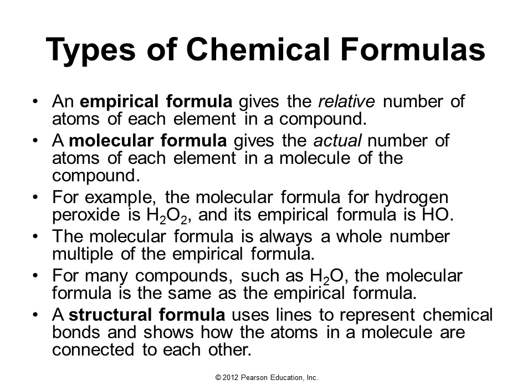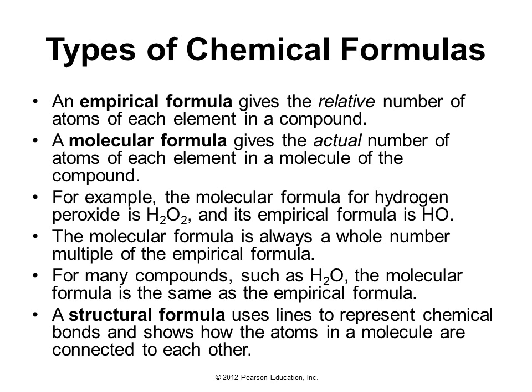We have many different kinds of formulas. One called the empirical formula just gives the relative number of each element in a compound, not the actual. And then we have the molecular formula, which gives the actual number of atoms of each element in a compound. For example, hydrogen peroxide is H2O2. That's its molecular formula.